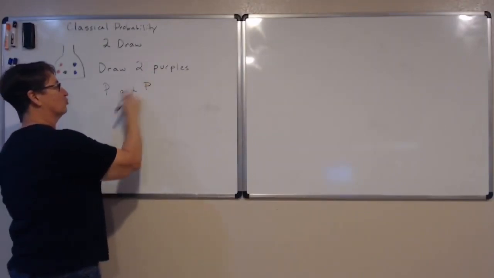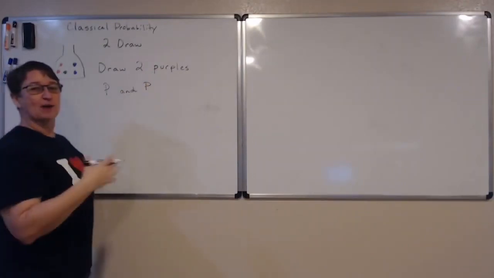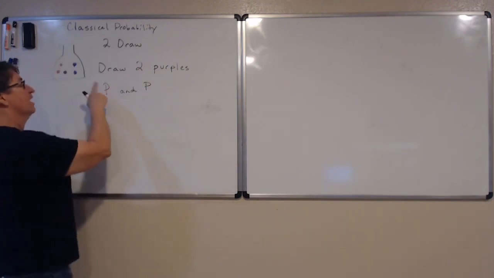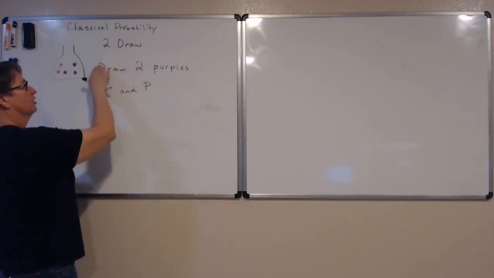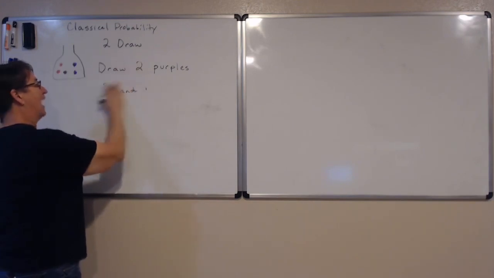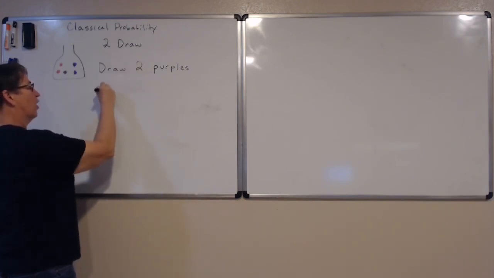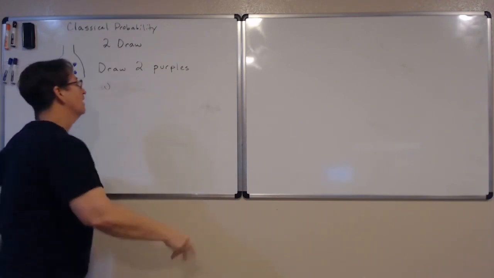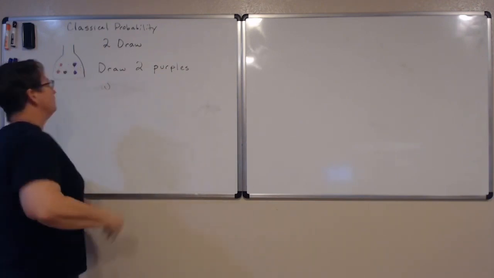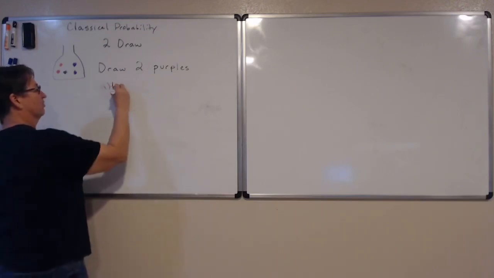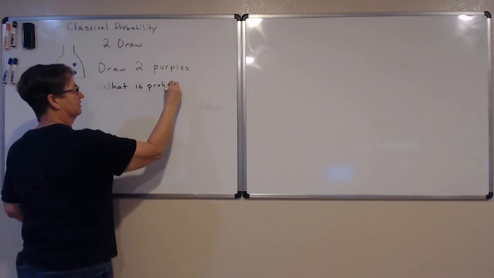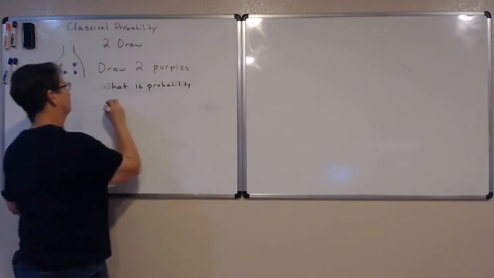So we did these words yesterday, and our job today is just to put the probability with it. So instead of how can I draw 2 purples, the question today is going to be, what is the probability I draw 2 purples?